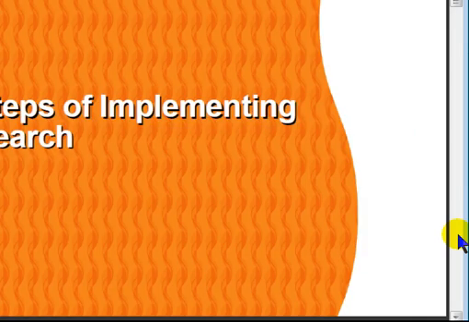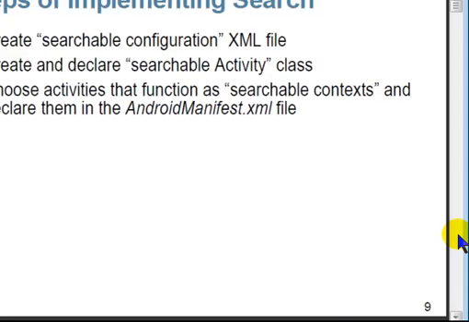So let's go to the steps of implementing search functionality in your application. It is pretty straightforward. First of all, you want to create a searchable configuration XML file. Then you create an activity and declare that activity as a searchable activity class.